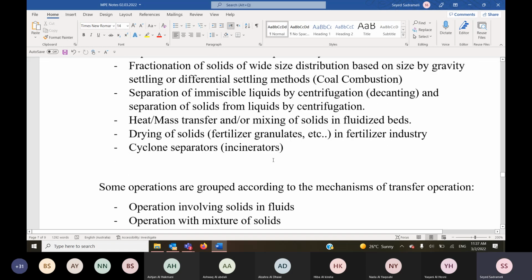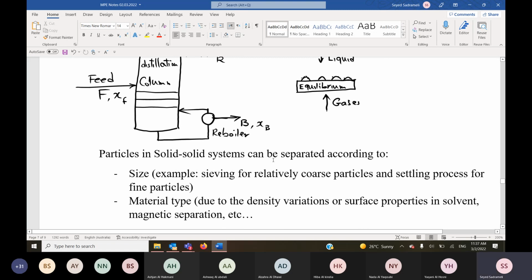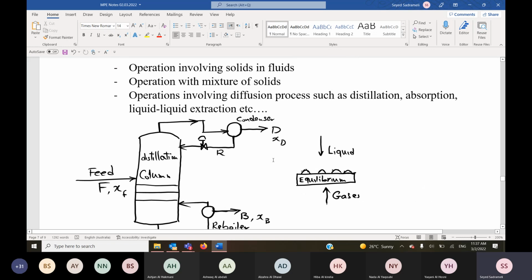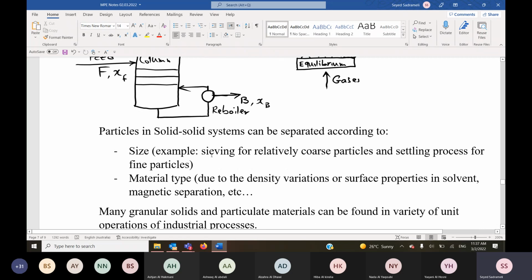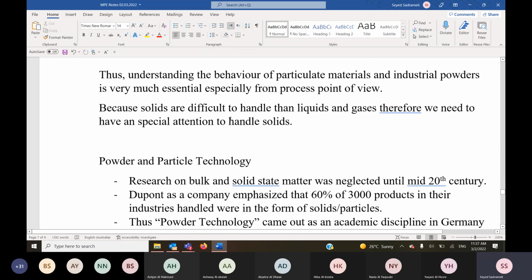Then we talked about each operation. This is normally an operation based on equilibrium, so you have to use an external agency like heat in the reboiler, and also cooling water for the condenser, and so on.